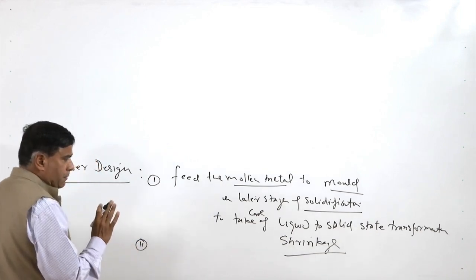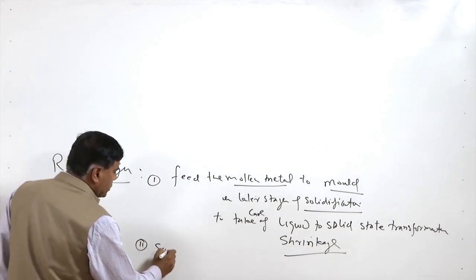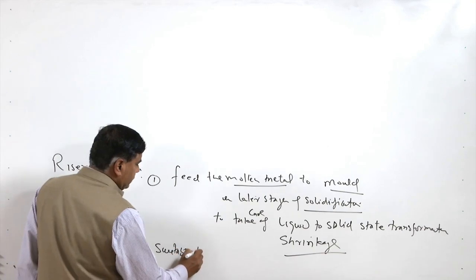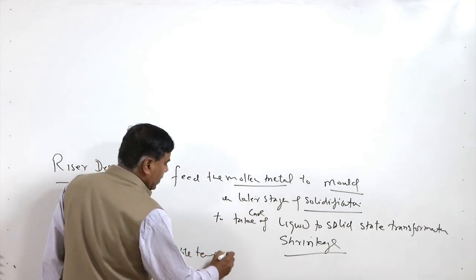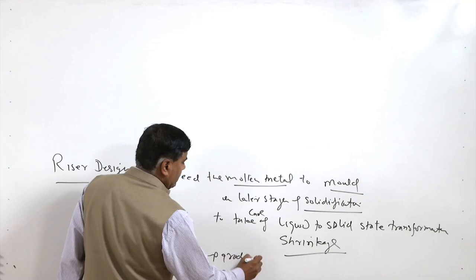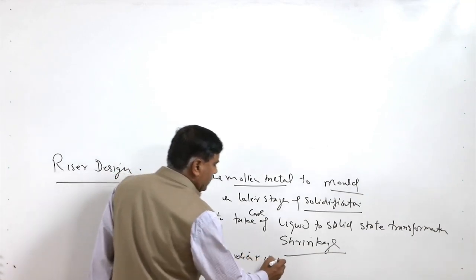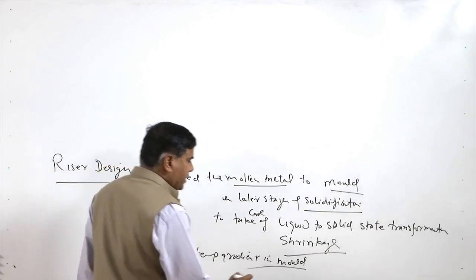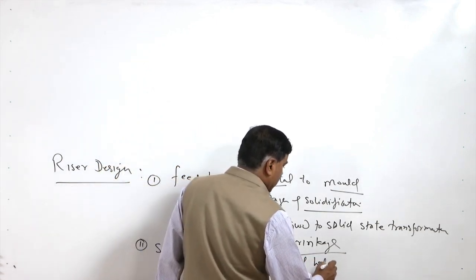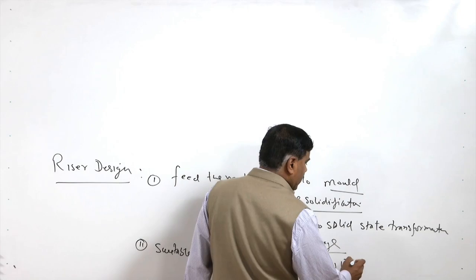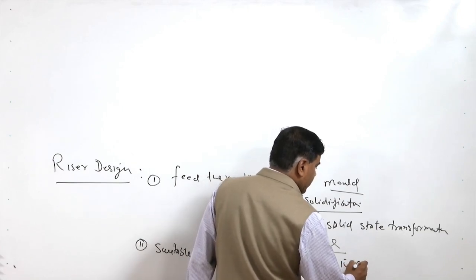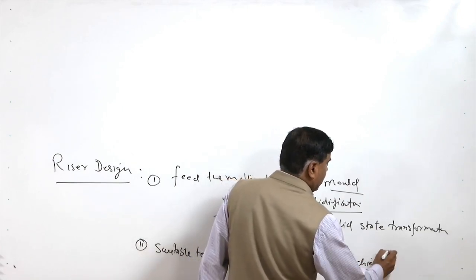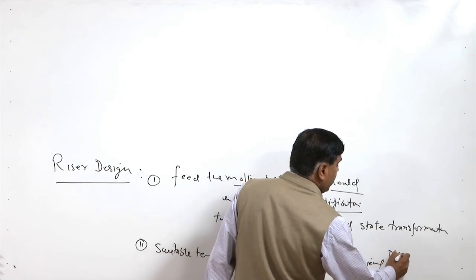Additionally, it also helps to maintain the suitable temperature gradient in the mold. So, this suitable temperature gradient actually helps in achieving directional solidification.